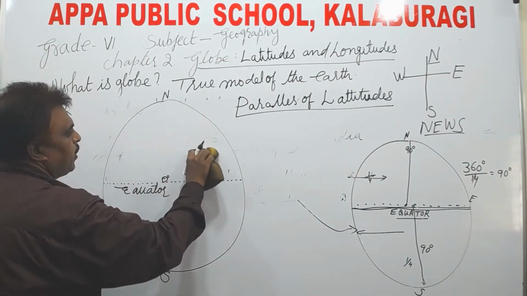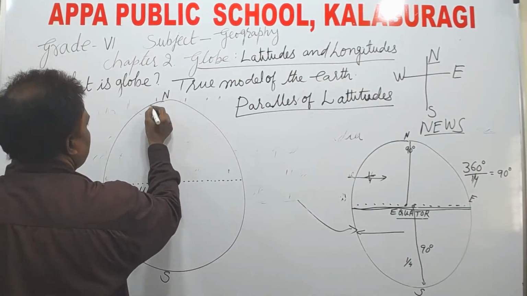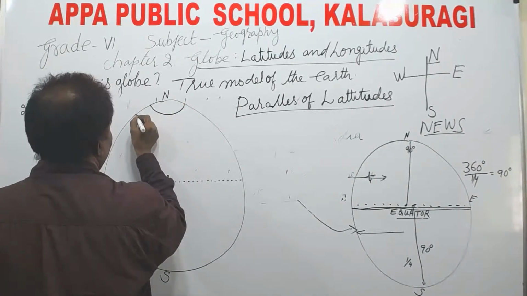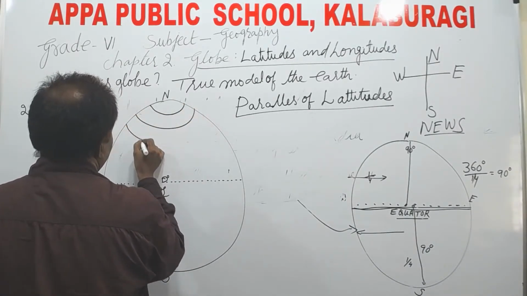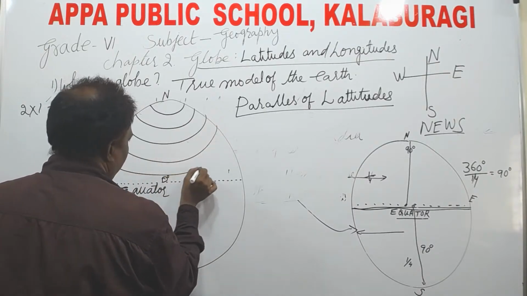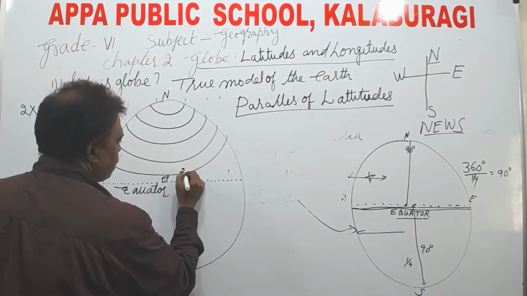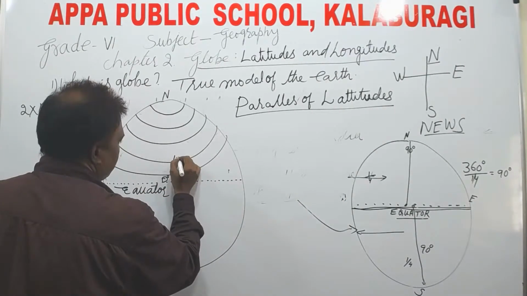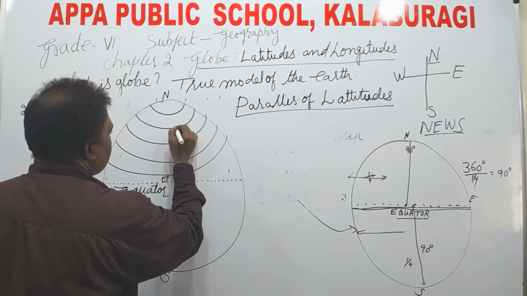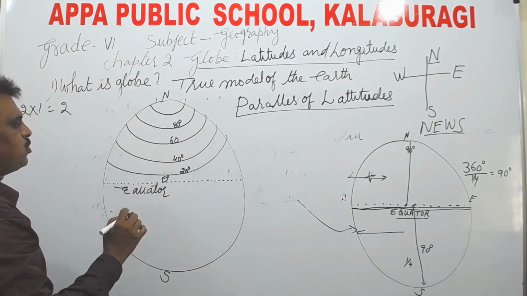So instead of the numbering, we will directly go for the segregations, dividing like this on the globe. So it comes 20 degrees, 40 degrees, 60 degrees, and 80 degrees about the northern hemisphere.